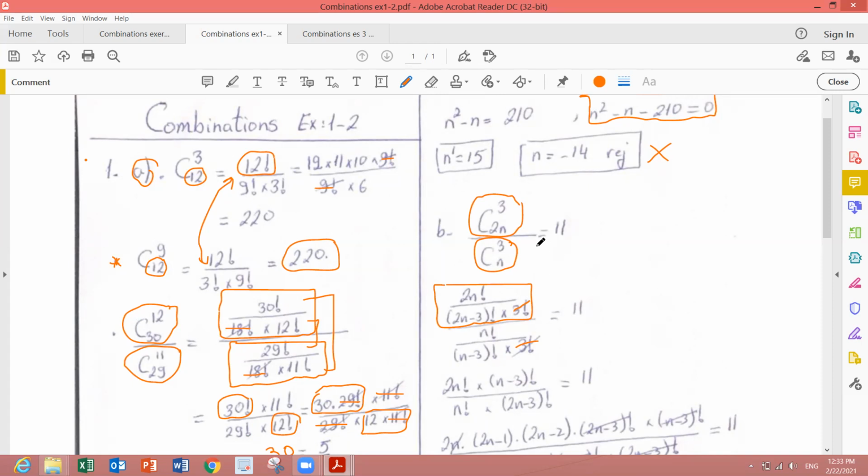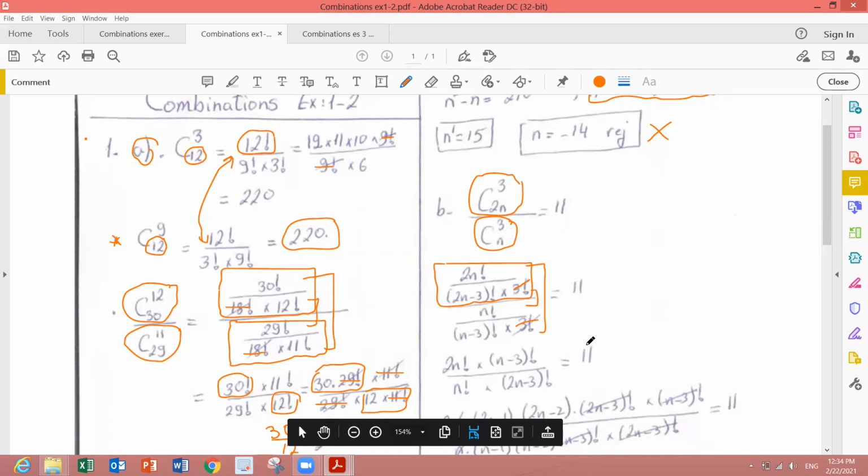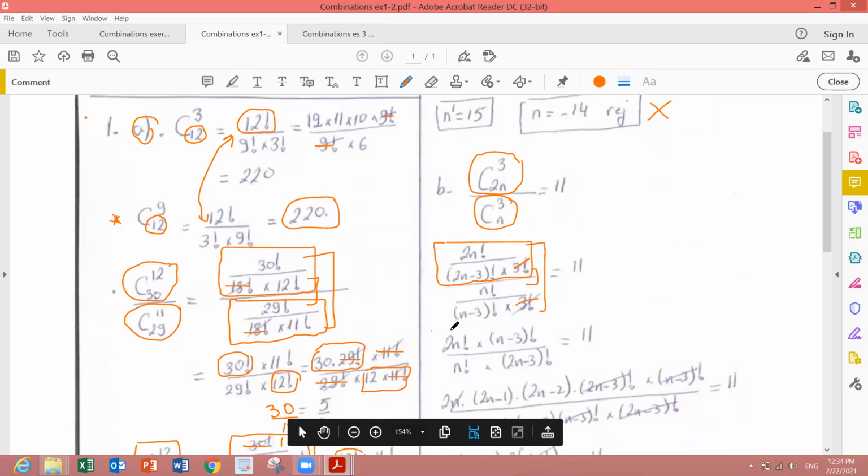Now outers over inners. The outers are 2n factorial over n minus 3 factorial. The inners are n factorial times 2n minus 3 factorial, equals 11.